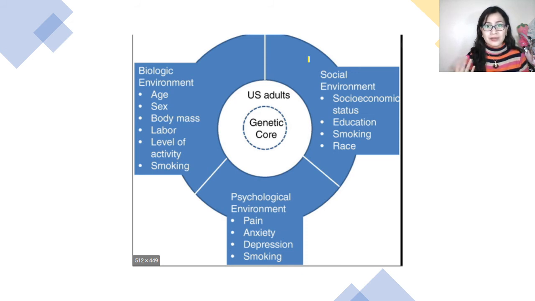There's also race, and smoking as being influenced by society. The psychological environment deals with the individual's pain, what's causing pain, and then anxiety and depression.